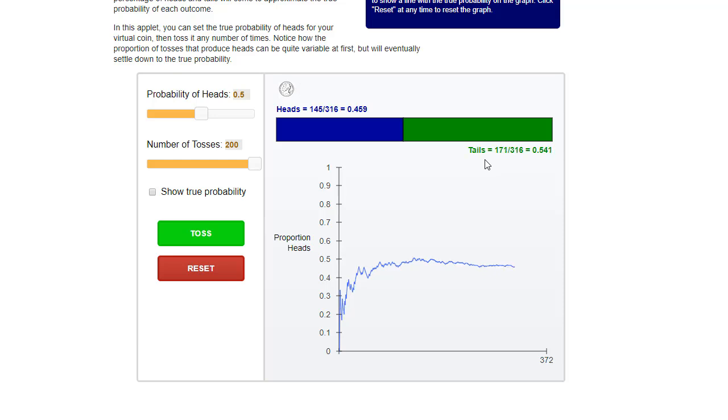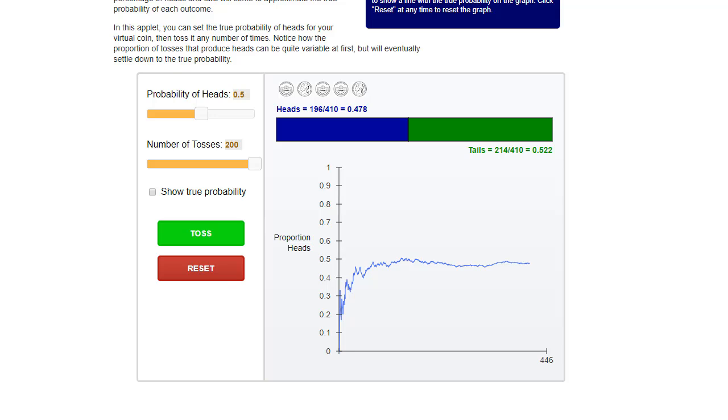I should be getting closer and closer to 50-50 the more trials that I run through this experiment. I end up with close to 50. So again, flip another 200, flip another 200 times. Probably after I have flipped 1,000 times, I'm going to be at like 0.499. I'm going to be really close to 50%.